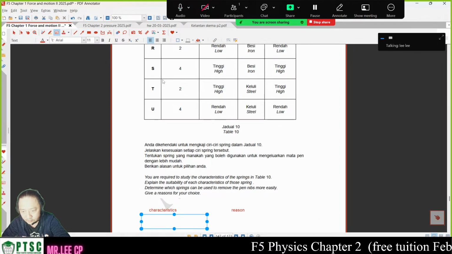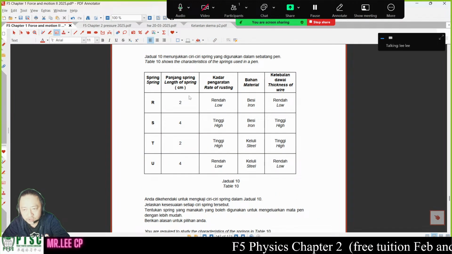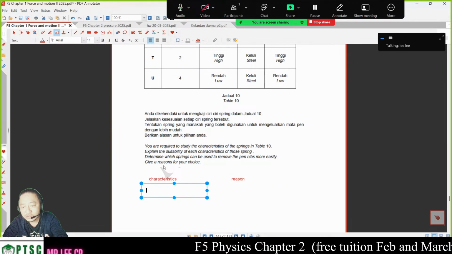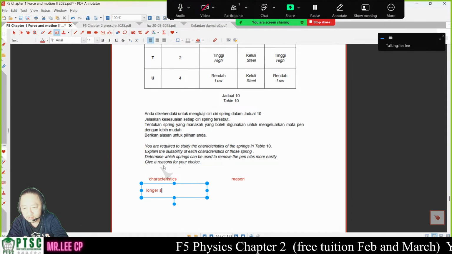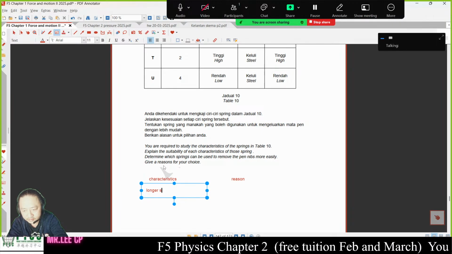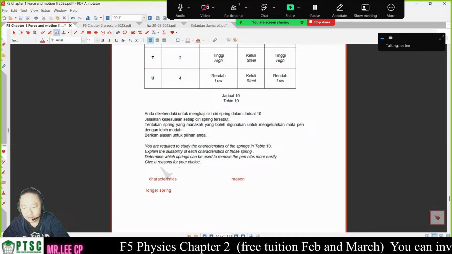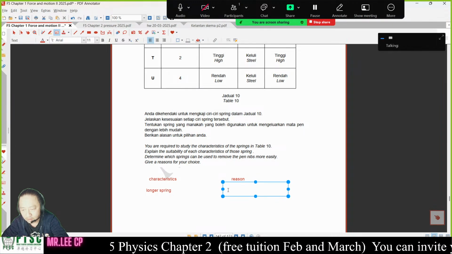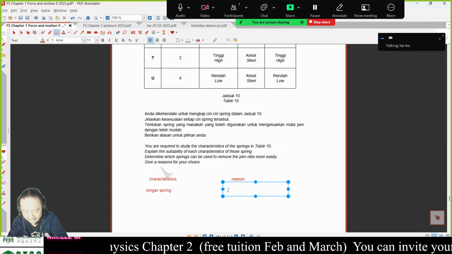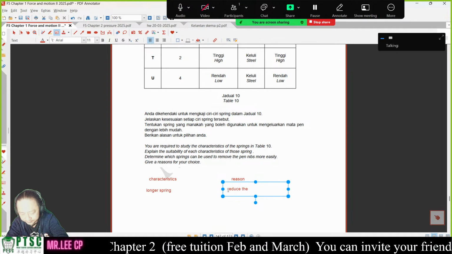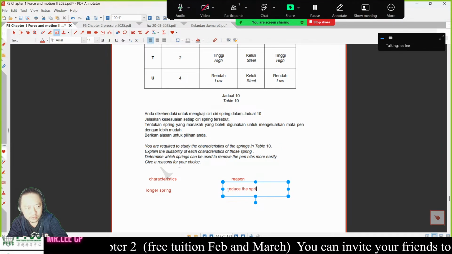First one, normally you go length of the spring. You cannot write a number, so you just write longer spring. Longer spring reduces the spring constant.